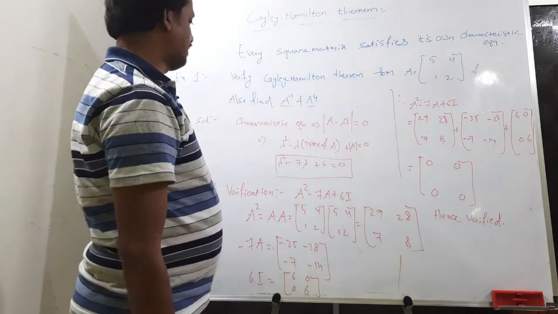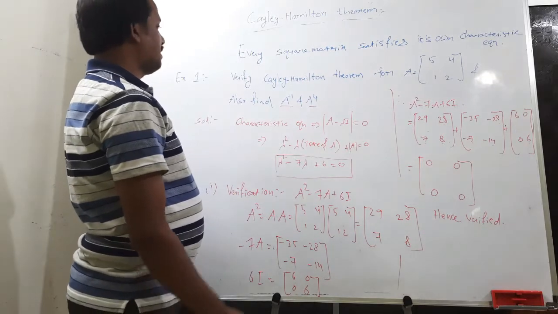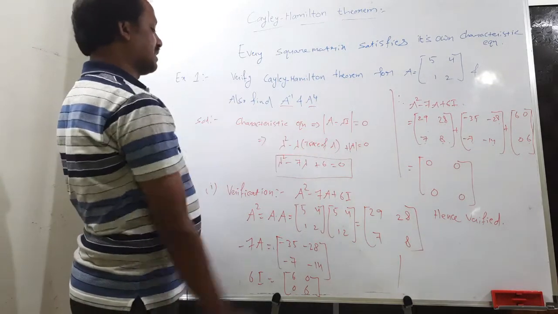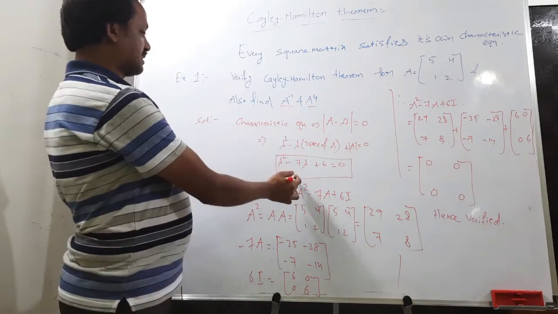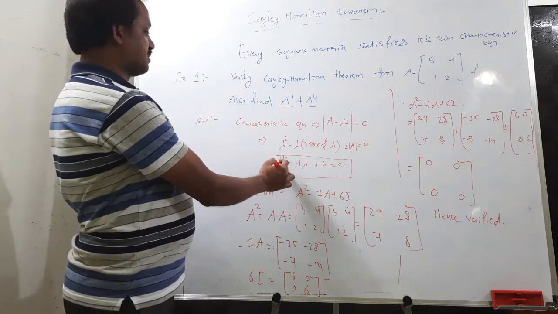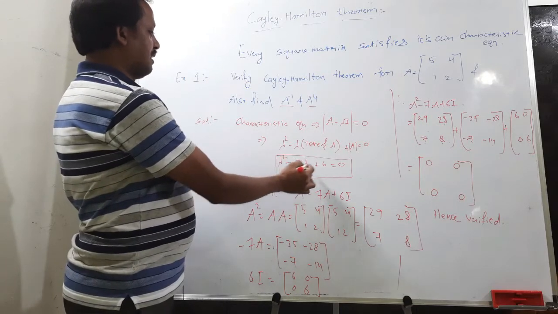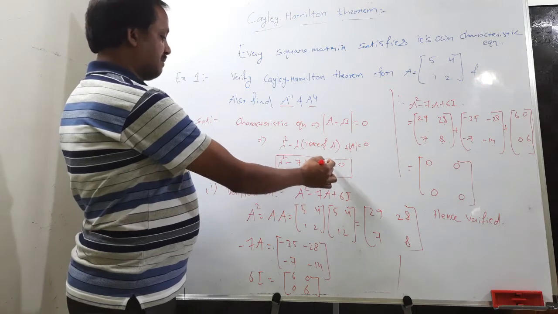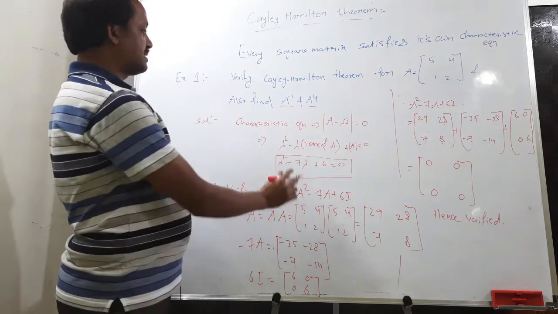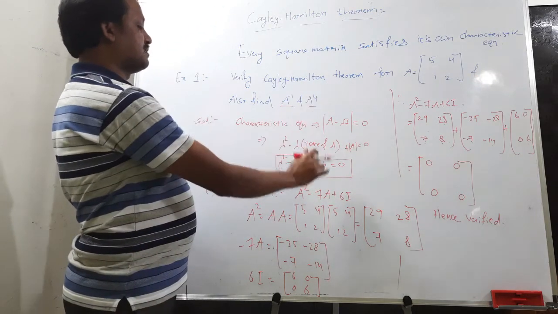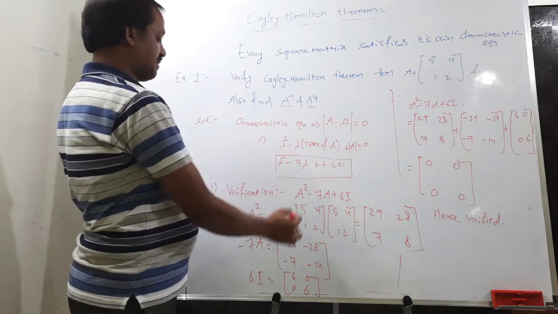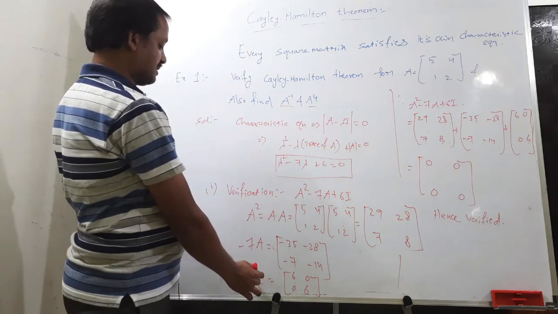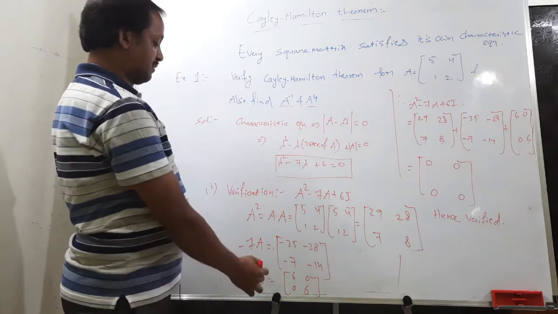Cayley-Hamilton theorem is verified. So how to verify? First of all, we need to find the characteristic equation. After the characteristic equation, you need to substitute A in place of lambda. If it is a constant, you need to multiply with the identity matrix of the same size as A. Here it is 2 by 2.